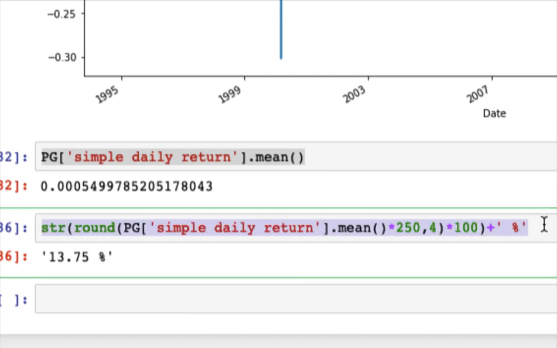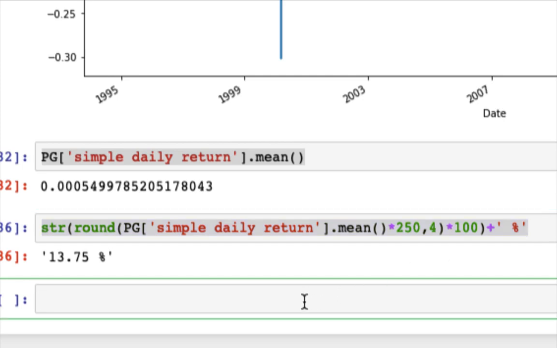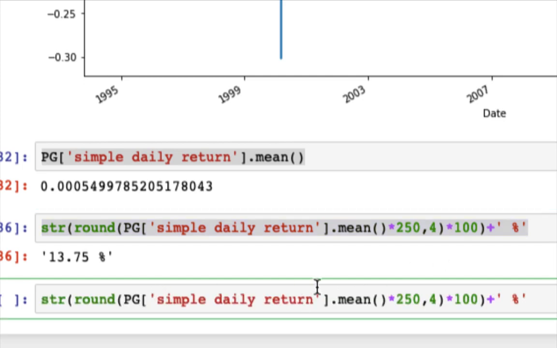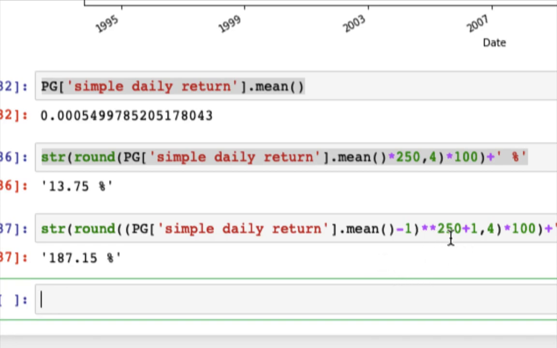Let's calculate it with the exact formula, which I gave you before. The exact formula says raised to the power of 250, not 365. Sorry, before minus 1, and then raise it to the power of 250, and then plus 1. Oops, no, there is a mistake.